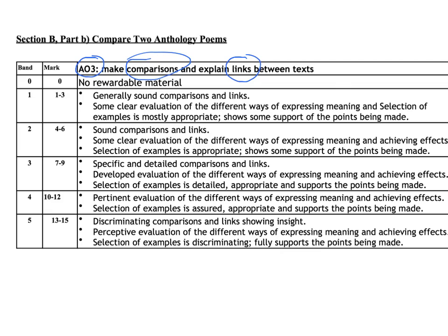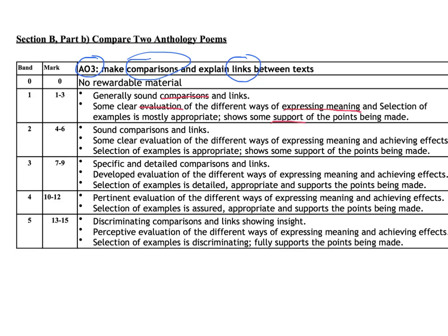So the first thing they're looking for you to do is to compare. The second thing that they're looking for you to do is to evaluate how the writer expresses meaning, so their ideas. And they'll also be looking for you to support those ideas that you've pulled together. So those comparisons in the first bullet point could mean that you are pulling together ideas on language or ideas on theme across the two poems, for instance.